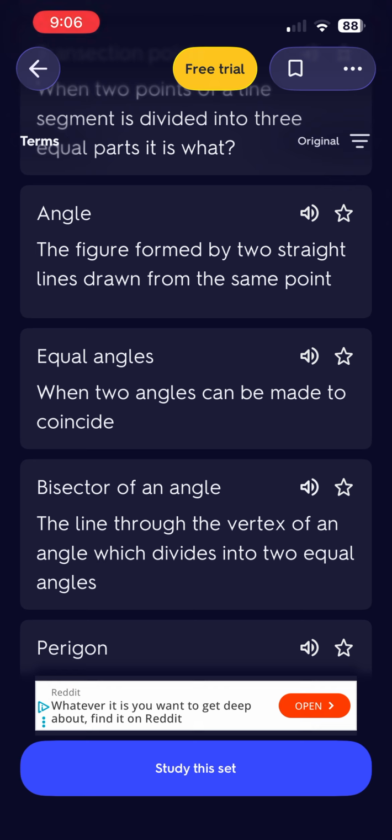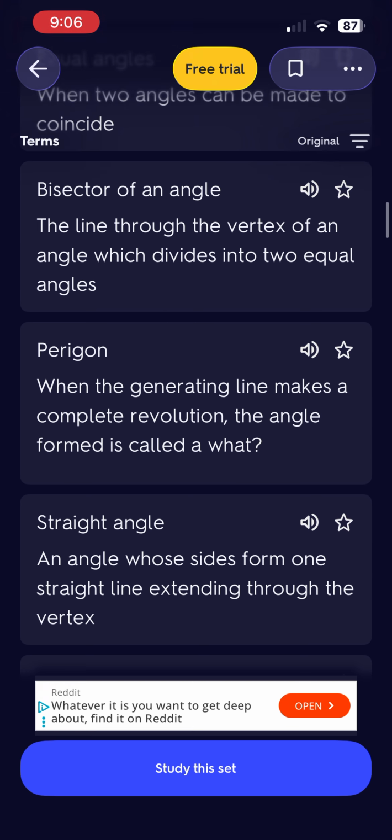Bisector of an angle. The line through the vertex of an angle which divides it into 2 equal angles. Perigon. When the generating line makes a complete revolution, the angle formed is called a what?